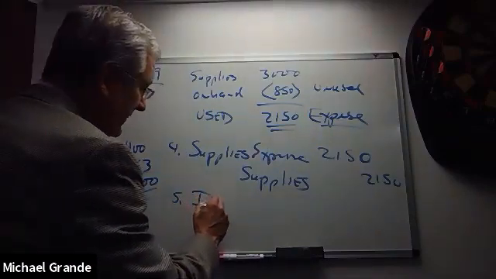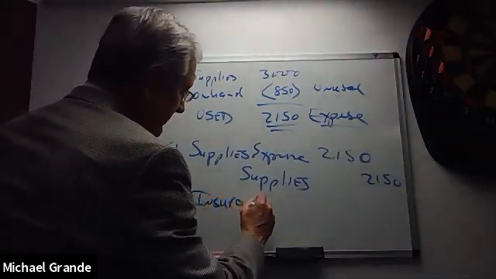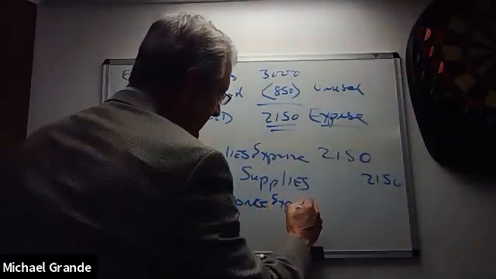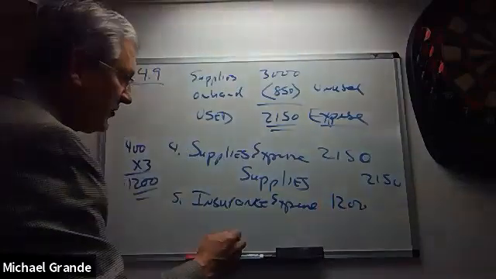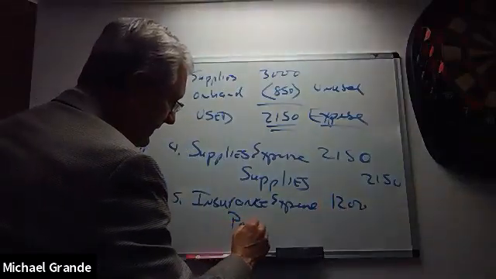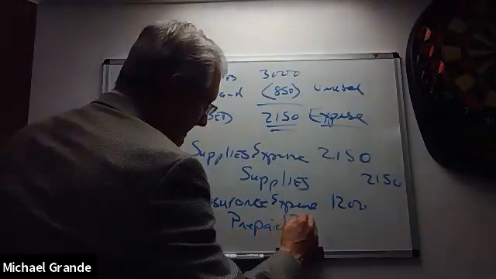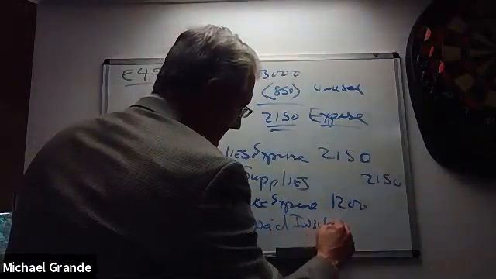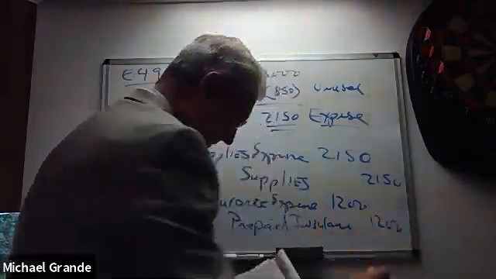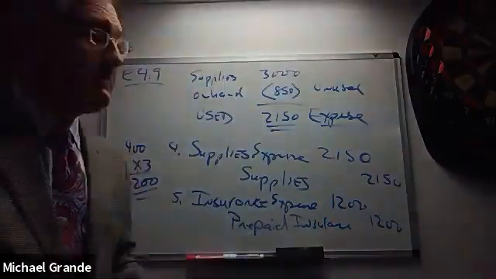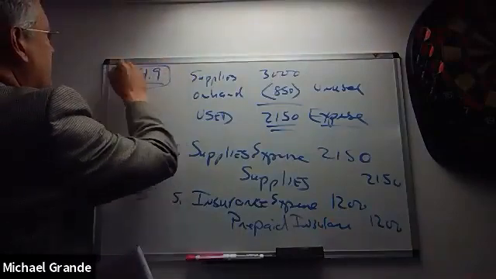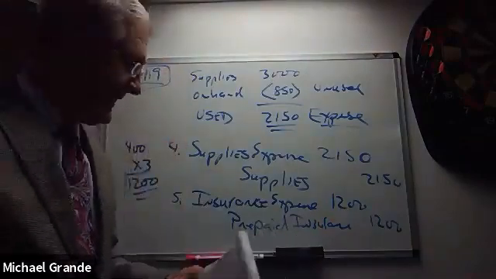So we're going to debit insurance expense for the amount that was used, $1,200, and we're going to credit prepaid insurance for $1,200. Okay, so those are the 5 entries in exercise 4.9.